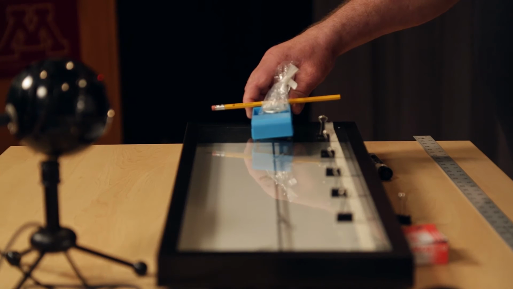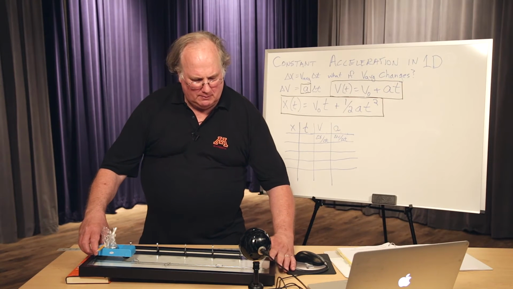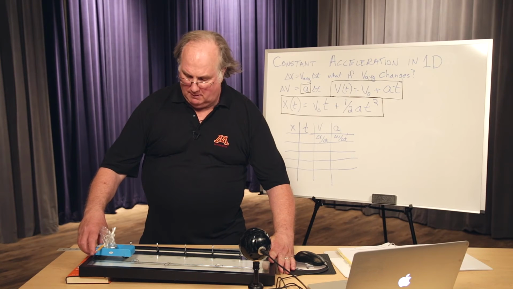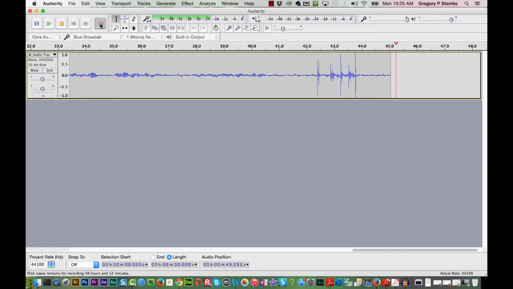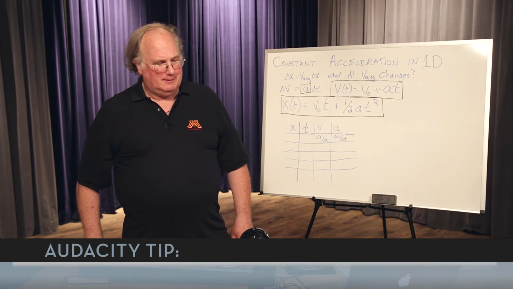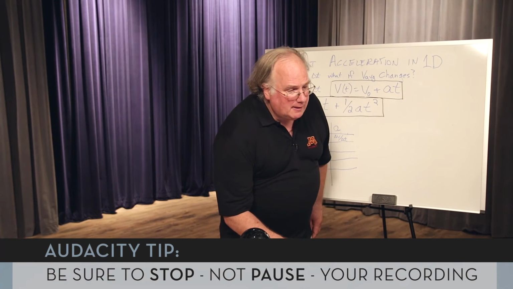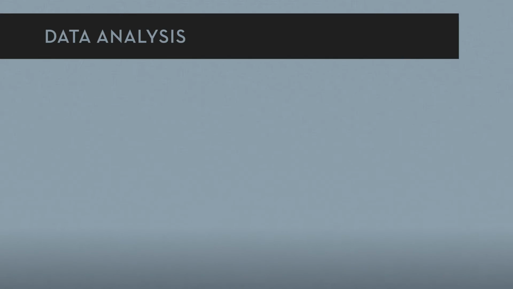It will roll down the hill by itself and knock over the clips as it goes. And here we go. Audacity is working. And I got 1, 2, 3, 4, 5 good bangs. Good data. We're all set to go. Let me stop Audacity. The next step is to go back and analyze that data.